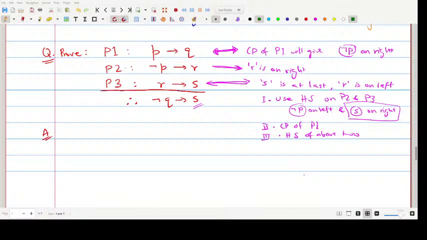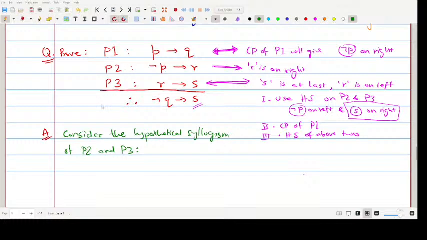Okay, so this is how we write it down. First, consider the hypothetical syllogism of P2 and P3.